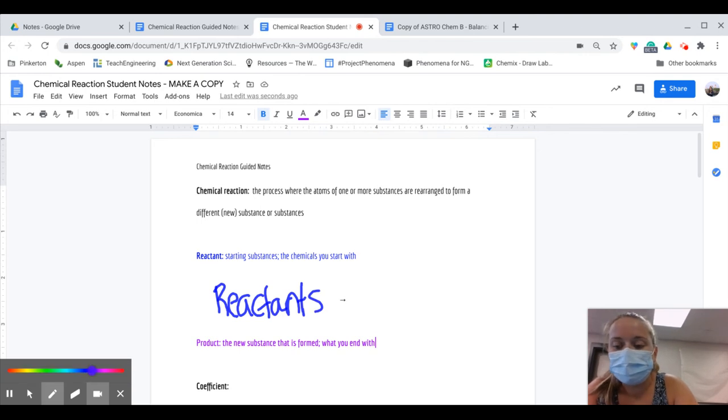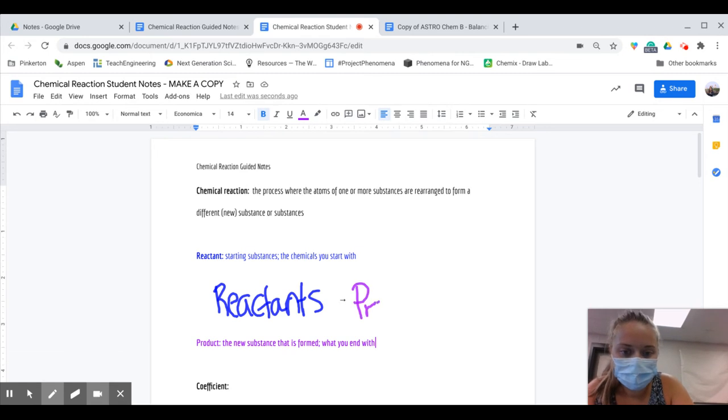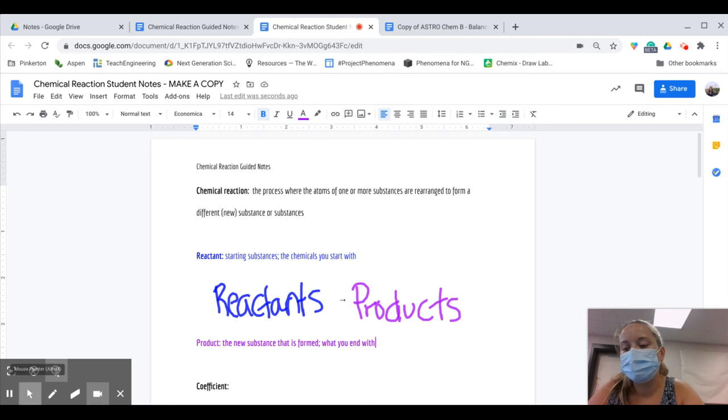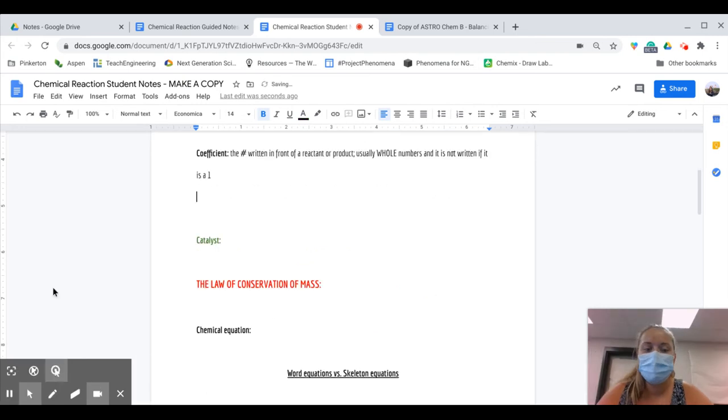That must mean that our products always go on the right hand side of our reaction arrow. So whenever we write a chemical equation or a chemical reaction, our reactants are always on the left, our products are always on the right. This brings us to our coefficients.